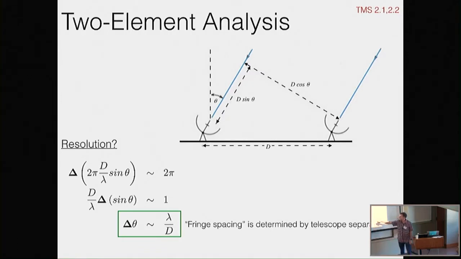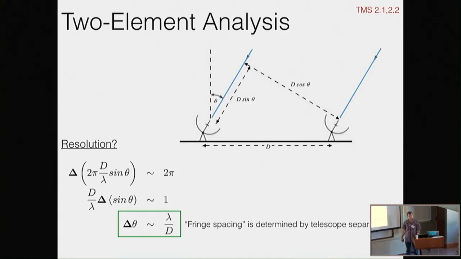And if you go through the math here, d over lambda doesn't change, but the sine theta part will. You can find that the angle that you have to move by in order to get one cycle change in the argument of the cosine function is about lambda over d. So the resolution of this interferometer is determined by the telescope separation, not the size of each telescope.